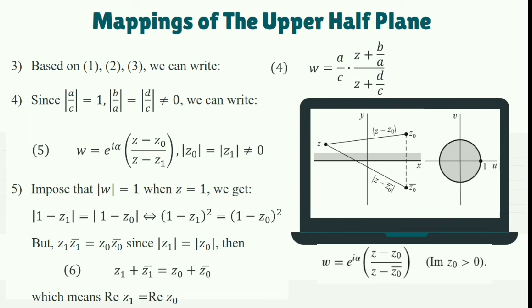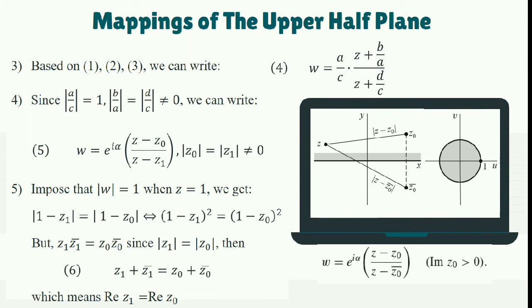Then, since the absolute value of a over c equals 1 and the absolute value of b over a equals the absolute value of d over c, and this is not equal to 0, we can write w equals e to the i alpha times z minus z0 over z minus z1, with the requirement that the absolute value of z0 equals the absolute value of z1, and this is not equal to 0.